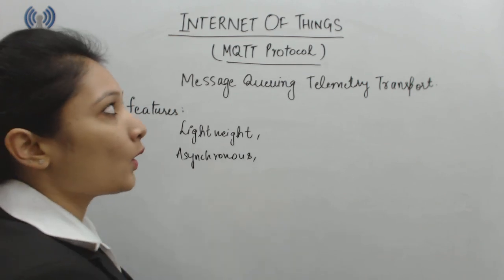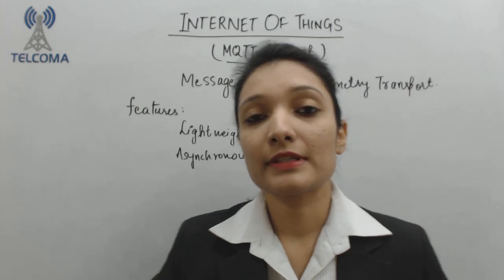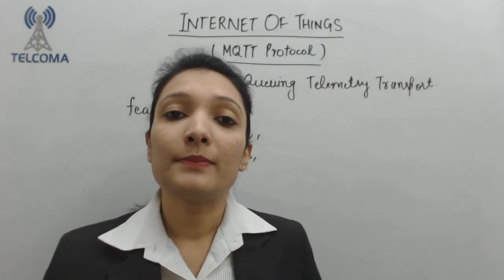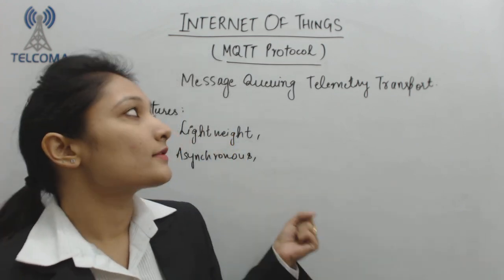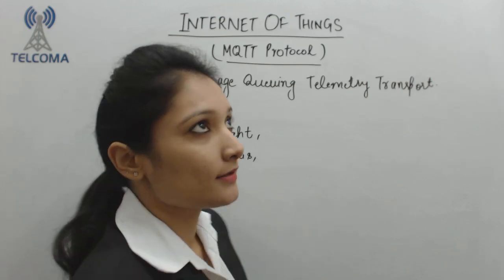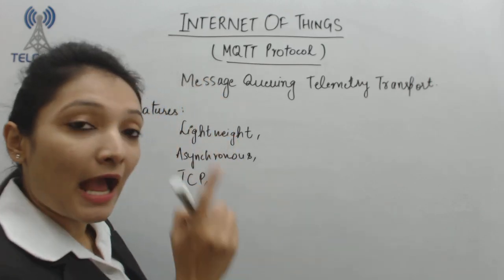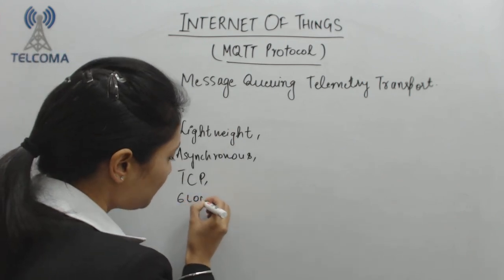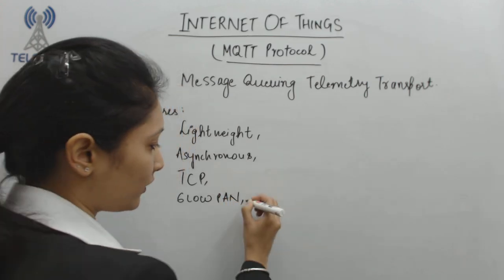Now, the previous protocol which we studied for IoT, the CoAP protocol, doesn't implement TCP, the Transmission Control Protocol, but this MQTT works with TCP, and this protocol is used in conjunction with IPv6 over low-power personal area network.